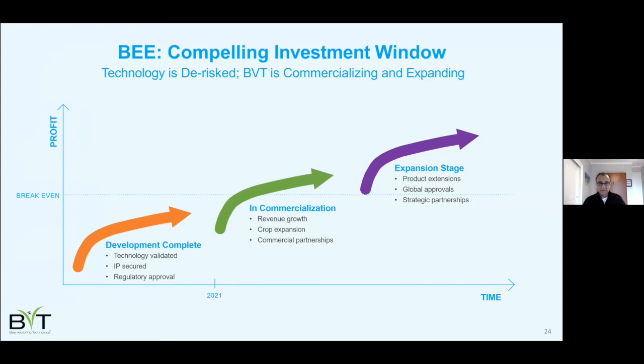And while we're in this phase is when we will get to break even. And then finally, the third stage is really when we start bringing in product extensions, global approvals, and strategic partnerships, and truly become a player in a much bigger expanded geography, with a presence not only in North America, but in Europe, in Asia, and possibly in Latin America also.